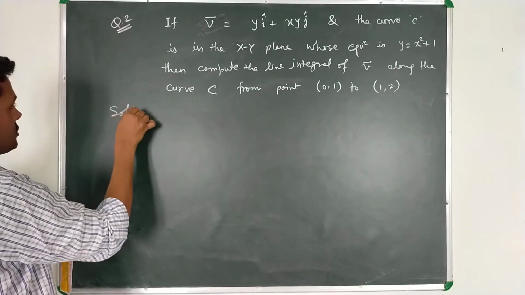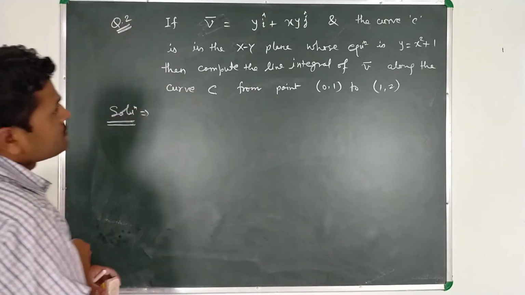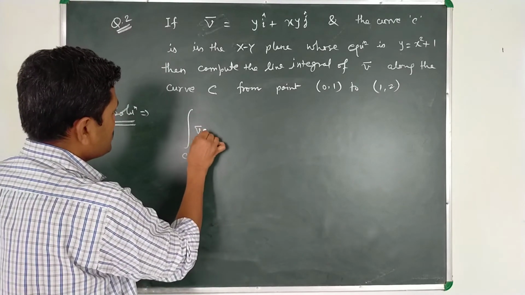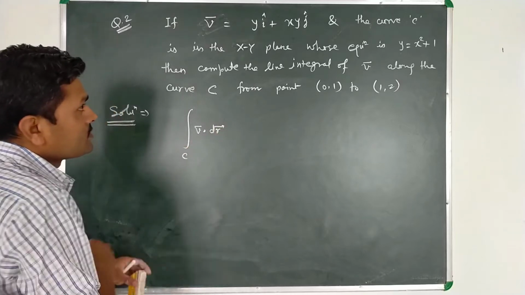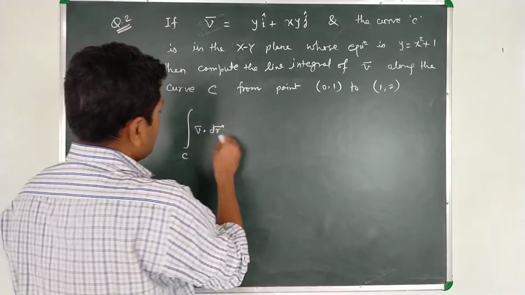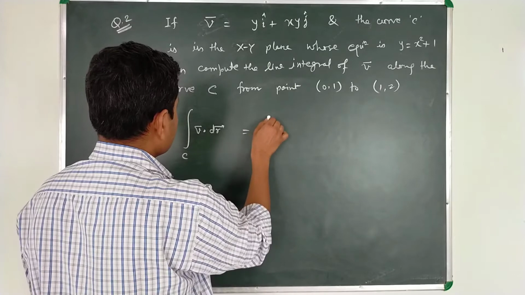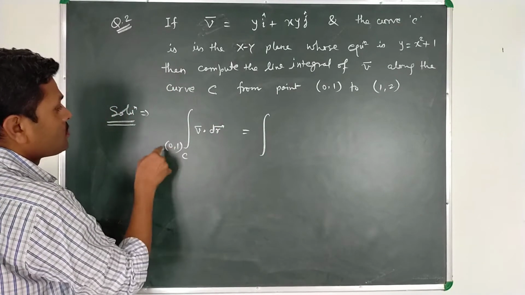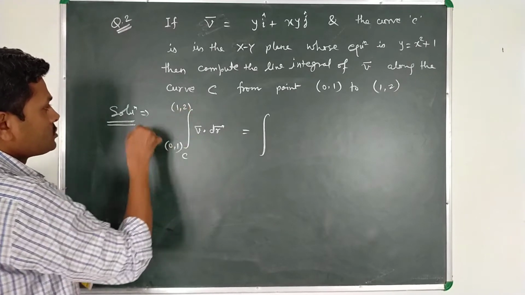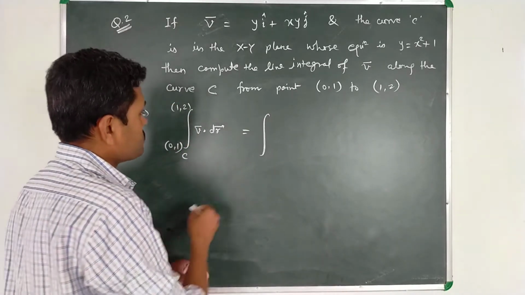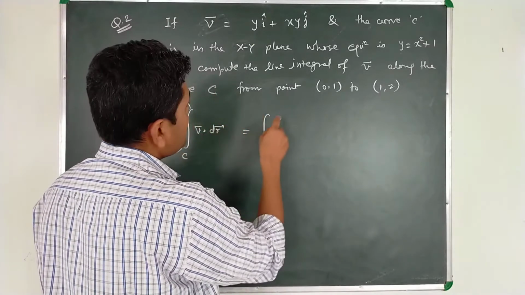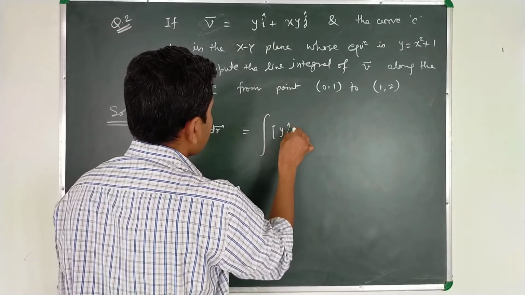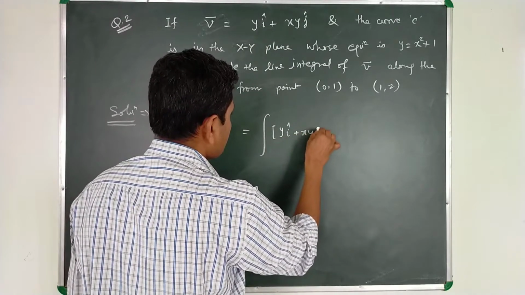Now its solution is, we have to calculate v dot dr along curve C, where C is that curve. So what is v dot dr here? And the points are from 0 1 to 1 2. This integral is from 0 1 to 1 2. Here v is this one, means y i cap plus xy j cap.